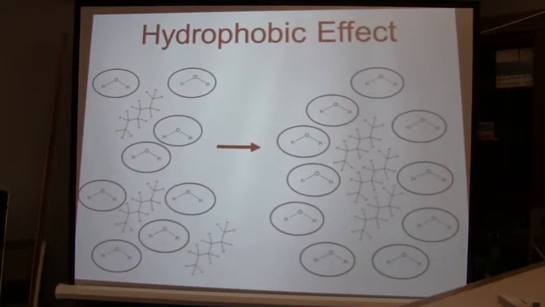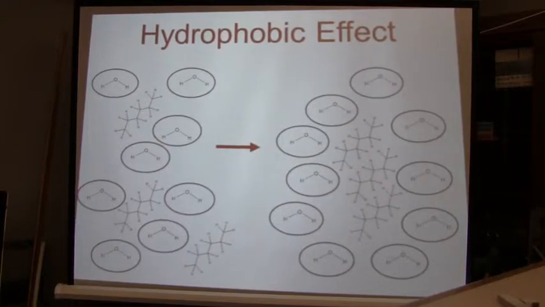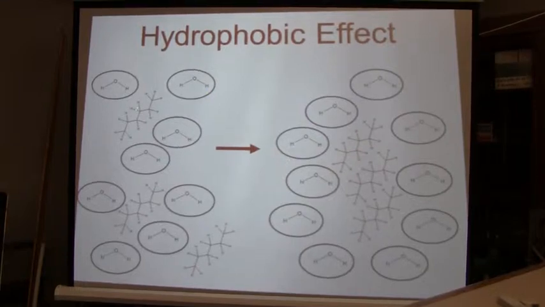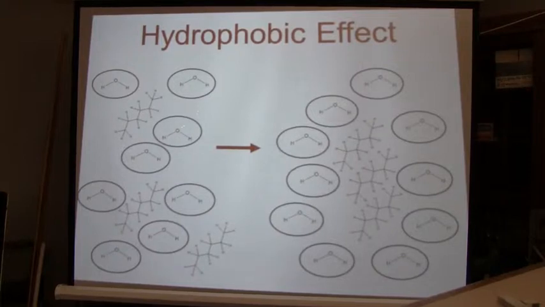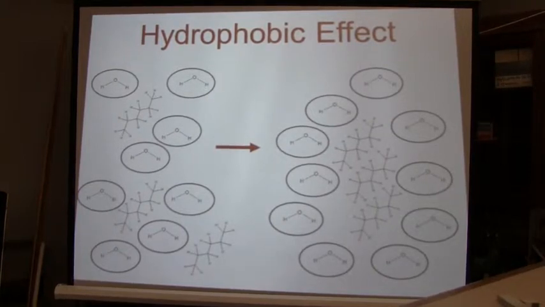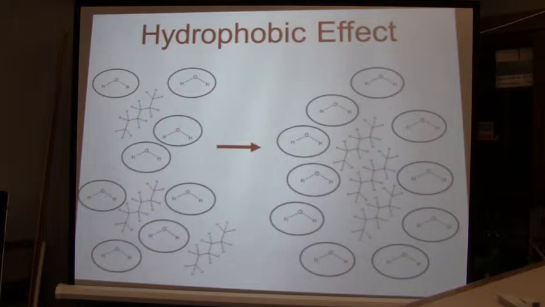But what you can see, let's imagine we took this thing and we stirred it up really well. So we have all of these non-polar molecules that are surrounded by water. What is going to eventually start to happen is that these waters are going to want to interact. They're not going to be able to interact with these polar molecules, but they are going to want to interact with the other waters. So as the waters start aggregating with each other, they start pushing all of these non-polar molecules together.